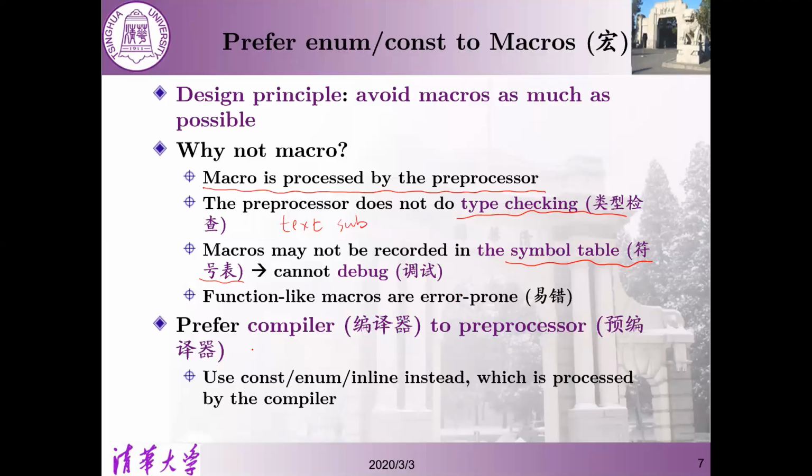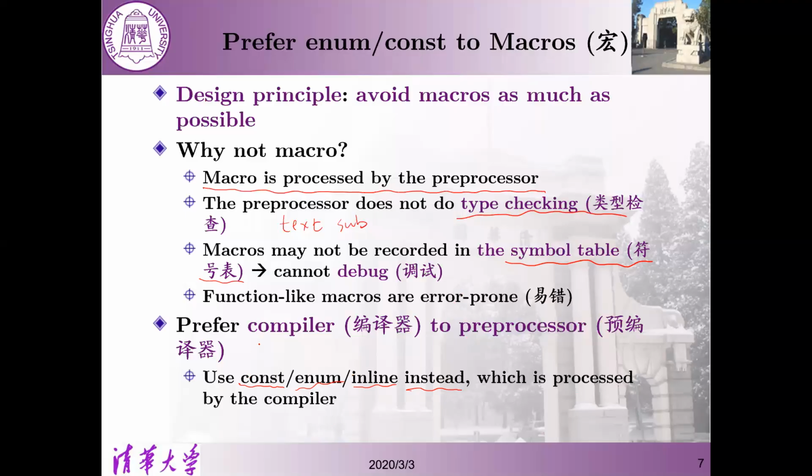And there are indeed alternative ways. One is const, another one is enum and inline. We will learn this in the following classes. Then we can use these instead of macro. They can replace where macro is used.